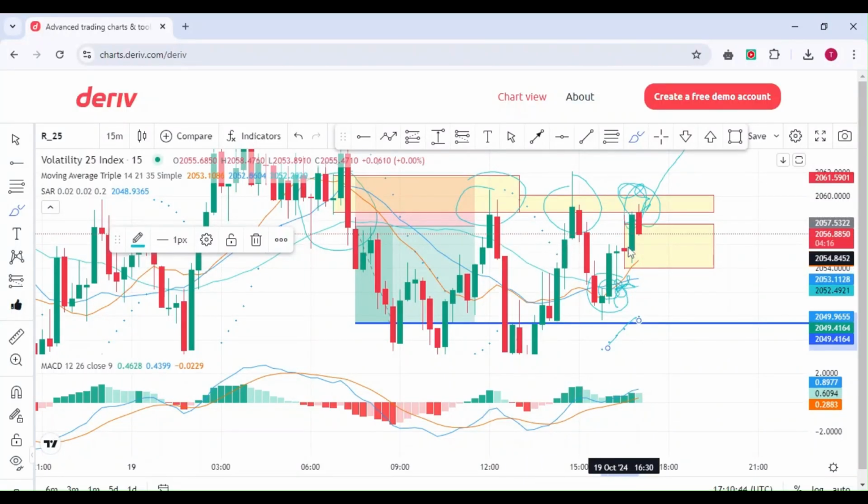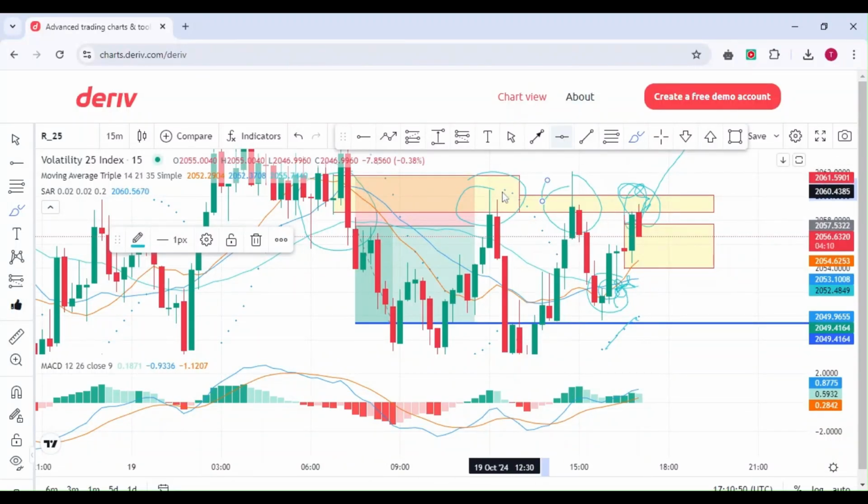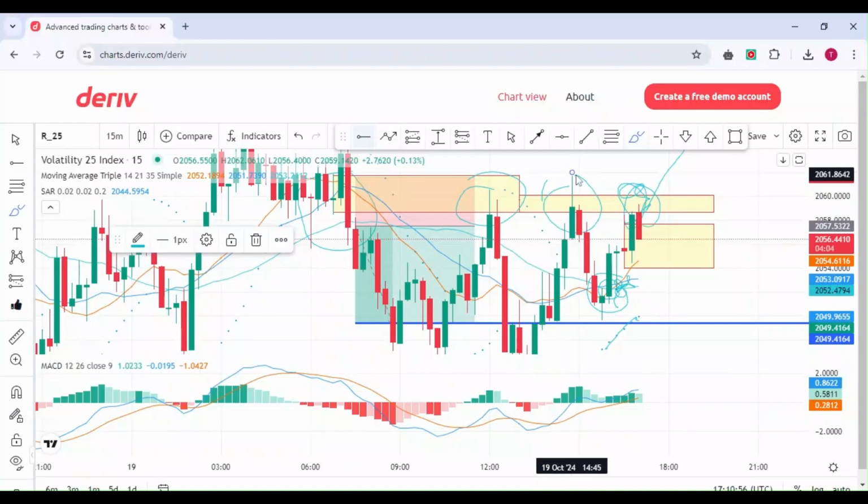So probably the market now might break the structure in the up direction. So it might come and break the structure in this direction. You can just wait and see whether it will break toward the uptrend. Just wait and see how it will behave.